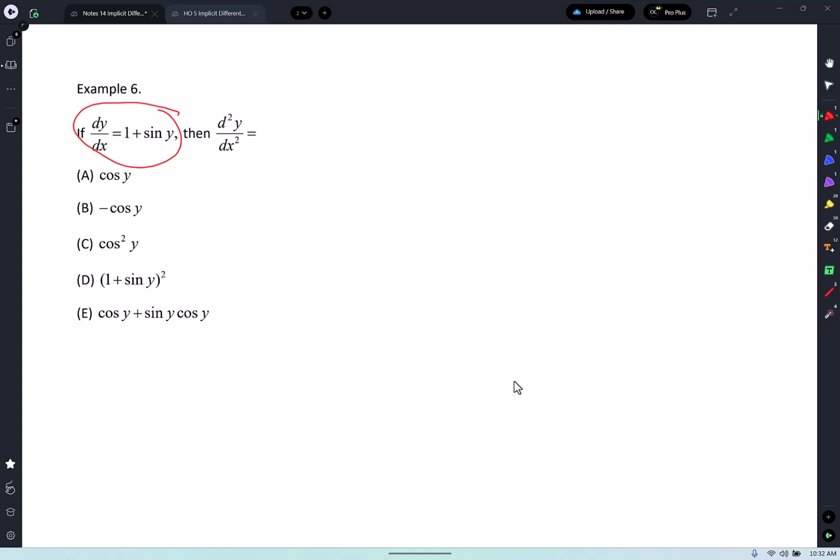So, what's the derivative of 1? 0. What's the derivative of sine? Cosine y, but is that a dy dx? Perfect. So right now, here's what I have. d squared y over dx squared equals cosine y dy dx. Plug in what dy dx is.